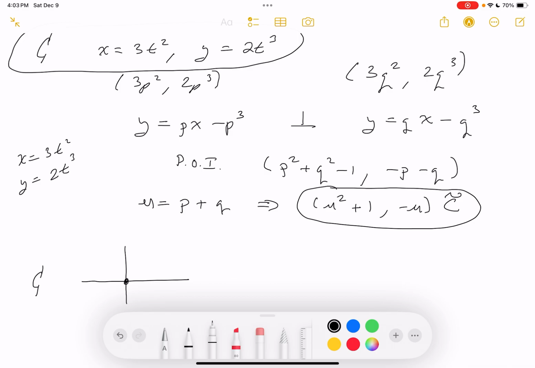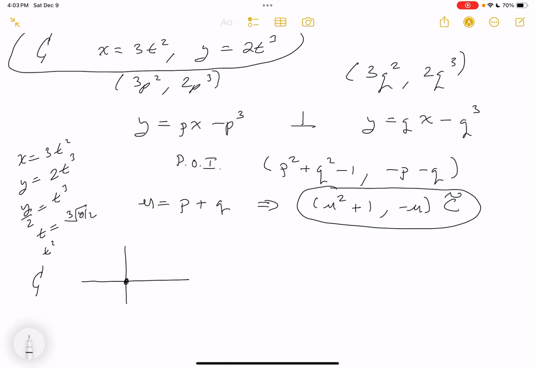And I think one thing I would do is just eliminate the parameter. So this would be y over 2 equals t cubed. And then t is equal to the cube root of y over 2. And then I'd square it. t squared is going to be y to the 2/3 over 2 to the 2/3.